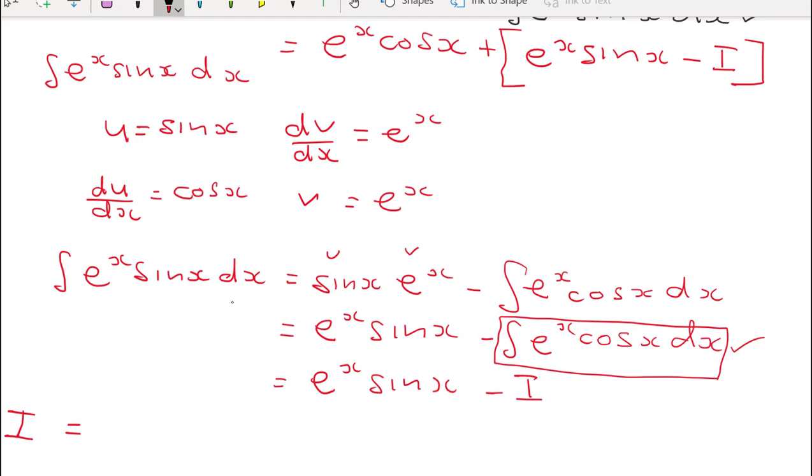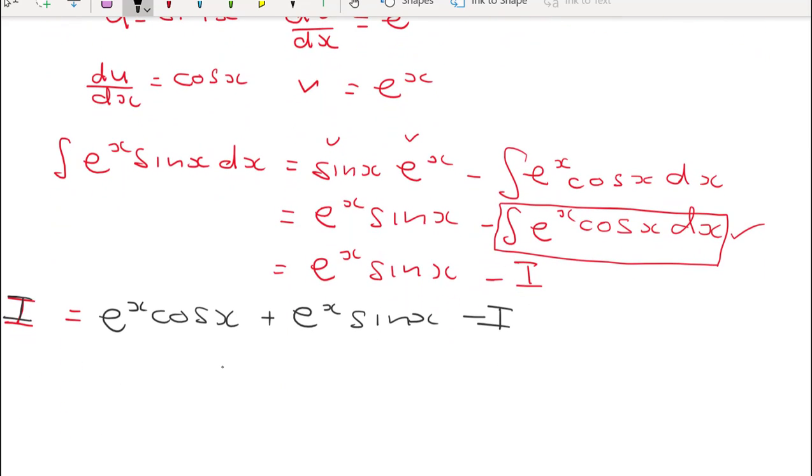I is equal to e raised to the x cos x plus e raised to the x sine x minus I. Sorry about the notation here. This is I, not in. Now we can see that we have I on both sides.